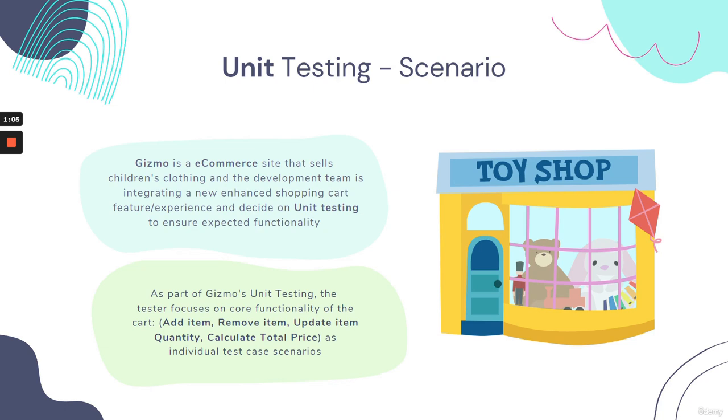As part of Gizmo's unit testing lifecycle, the tester focuses on core functionality of the cart, things like adding items, removing an item, updating items, quantity, and calculating the total price are all tested individually as components within units, basically as their own individual test case scenarios independently.